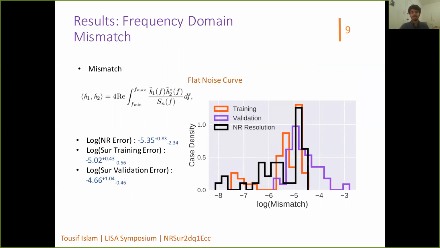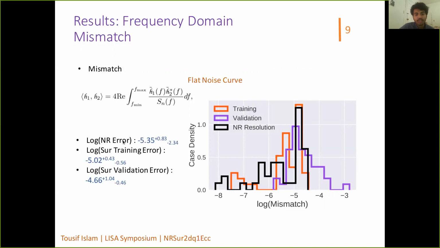In red we show the surrogate error for the training, and in violet we show the surrogate error in validation, which is a leave-one-out validation, where we leave one waveform at a time out of the training set, build the surrogate, try to approximate that particular waveform, and find the error between the NR data and the surrogate approximation, which gives a sense of the validation error.